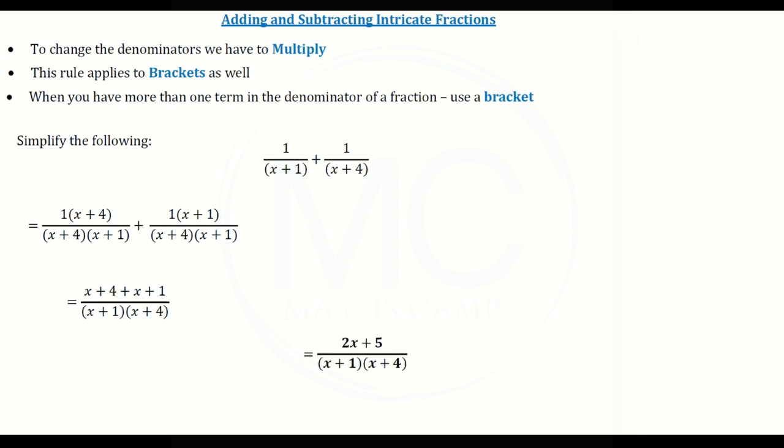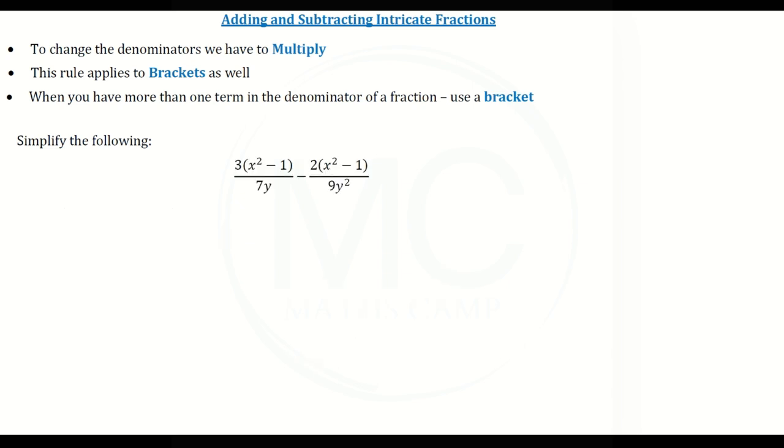I want to do one more question. Simplify the following. 3 open bracket x squared minus 1 over 7y minus 2 open bracket x squared minus 1 over 9y squared. Now, even though the numerators contain the bracket of x squared minus 1, our focus here has to be on the denominators. We have to make them the same.